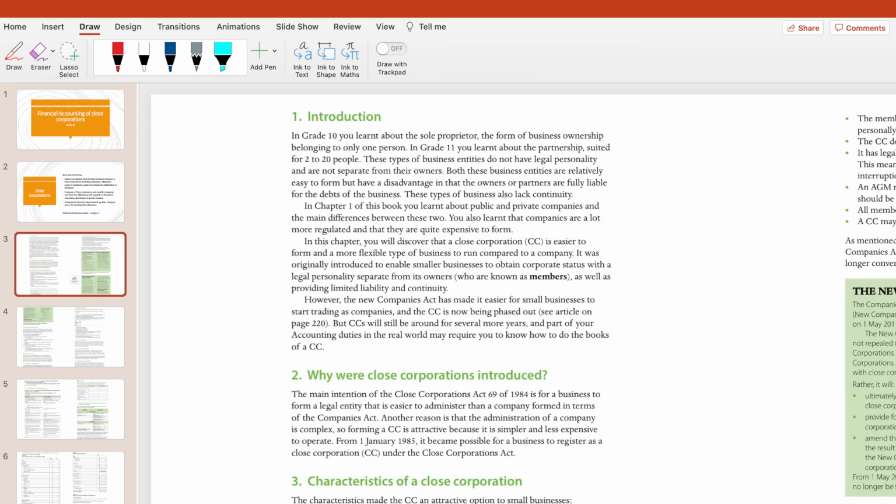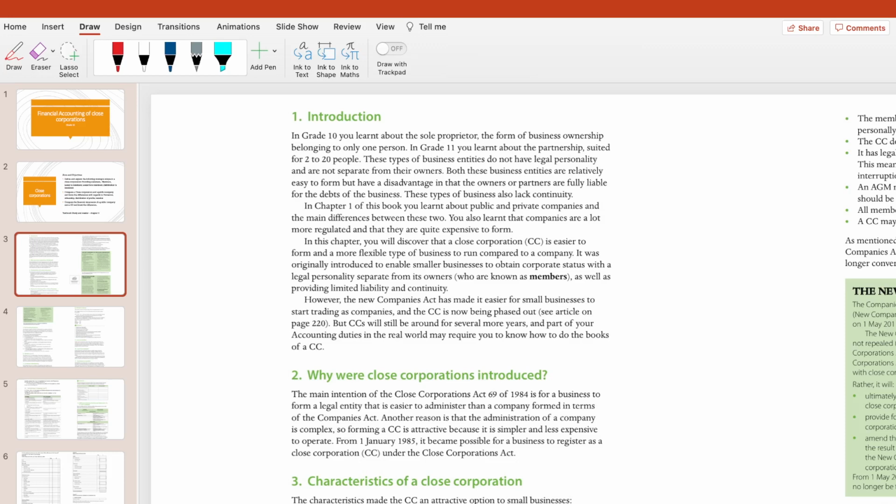Grade 11 we did the partnership, and it was 2 to 20 people that can be part of the business, but both of these two businesses are not a legal entity on its own, and the owner and the business is not separate, so the owner is still liable in both a partnership and a sole trader of any liabilities or anything that happens in a business. And even if the business owes money, it is actually the owner that owes money.